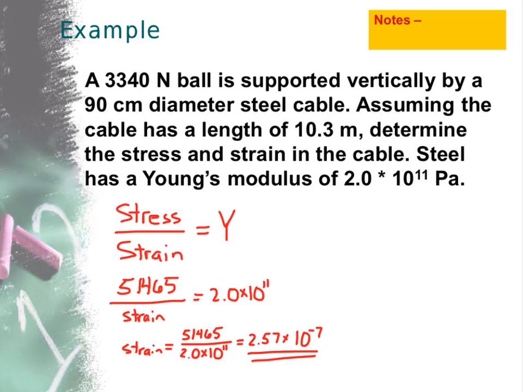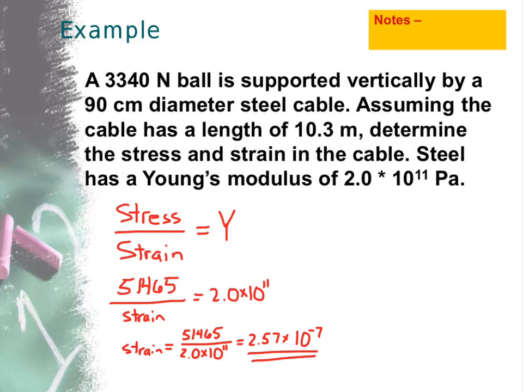And when I do that, I get a strain of 2.57 times 10 to the negative 7. And again, notice that there are no units attached to this because strain is equal to a length divided by a length. So it is dimensionless. You might have noticed that this number is in pascals, that number is in pascals, so that number has to be dimensionless as well.